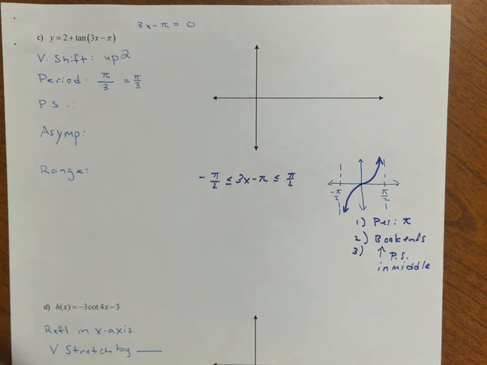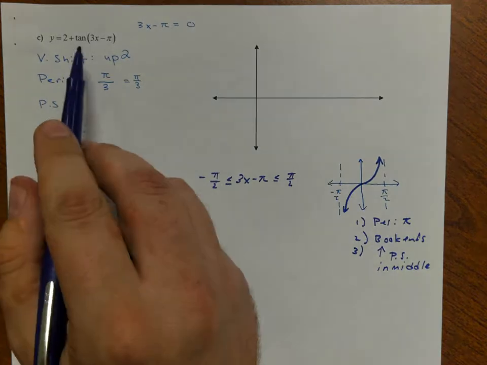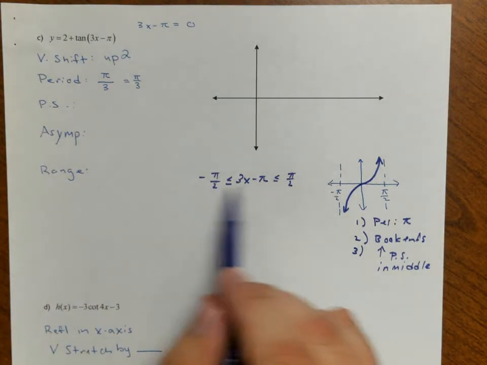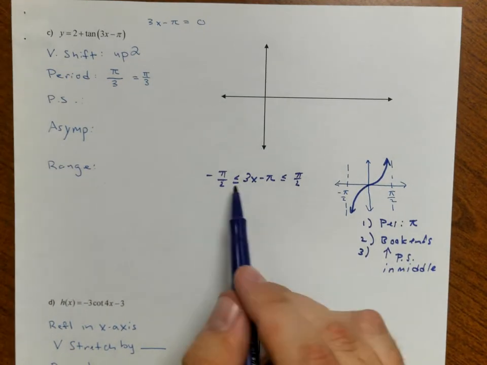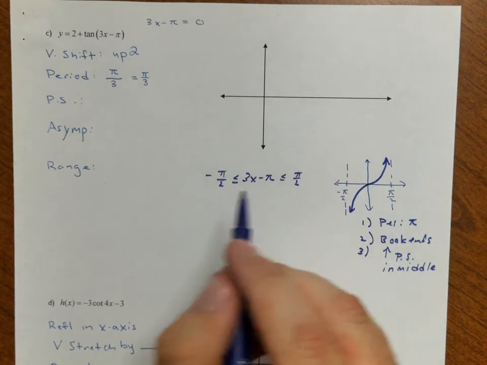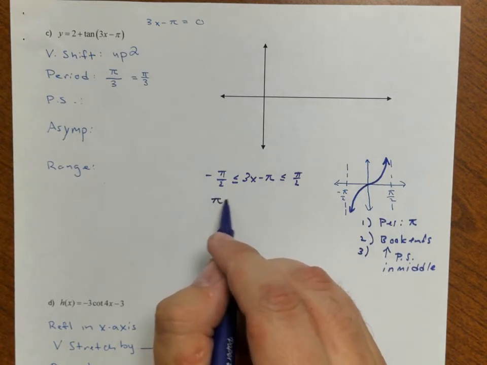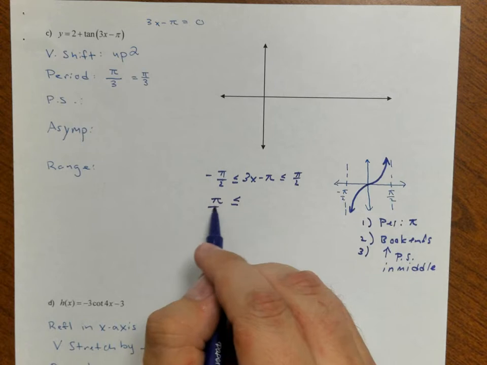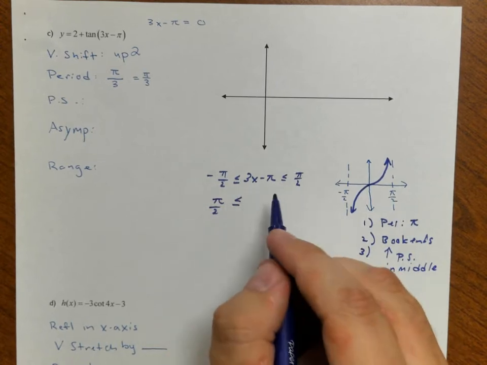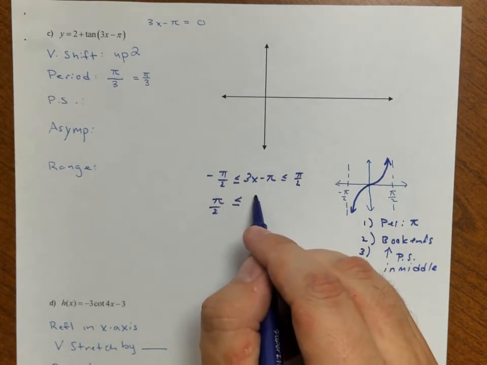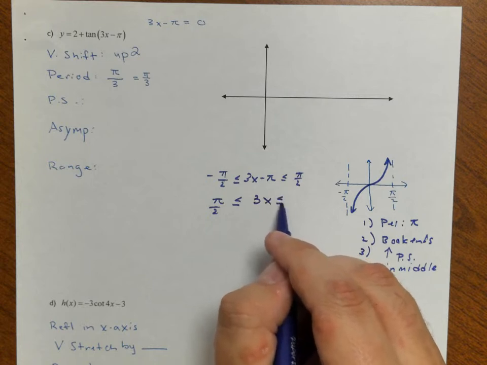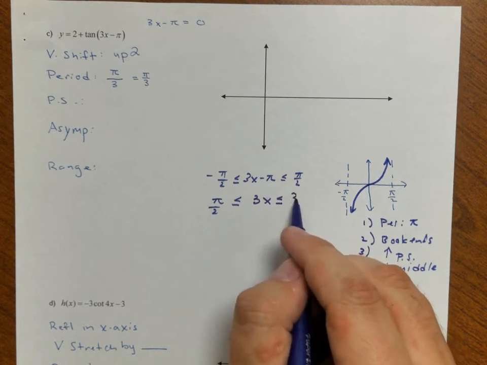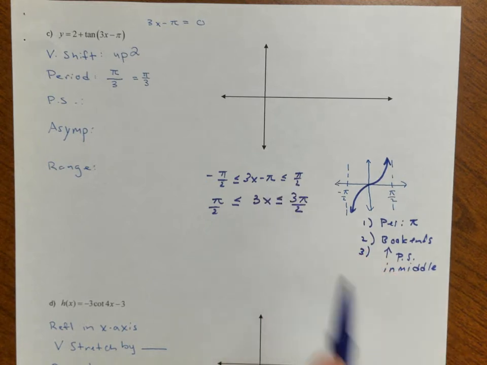Let's go ahead and continue with these bookends, because I know I want to graph the tangent between whatever values of x I need to make this happen. So I add pi to all three parts. Negative pi over 2 plus pi will give me pi over 2. Pi over 2 plus pi gives me 3 pi over 2.